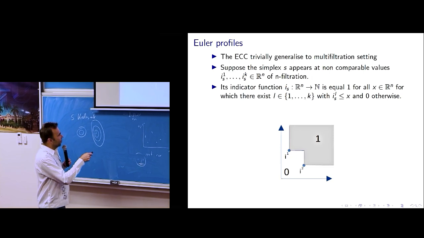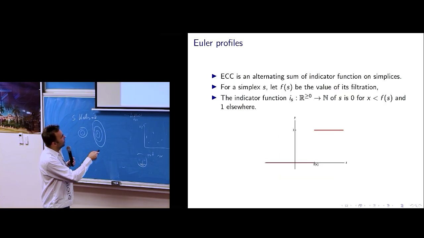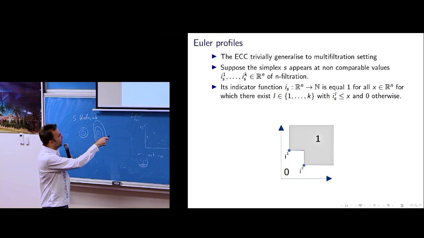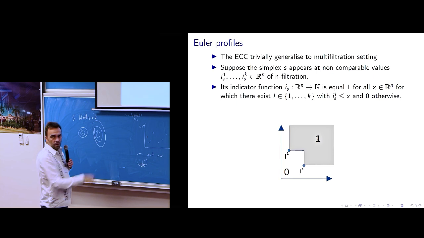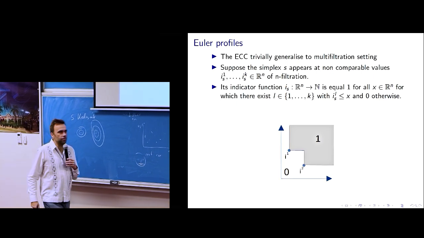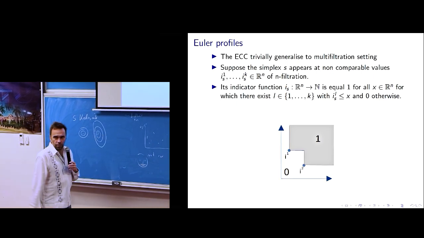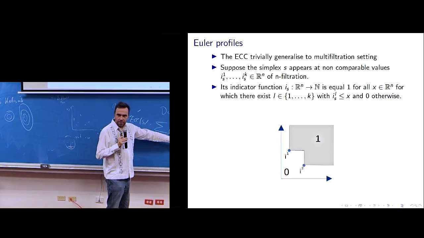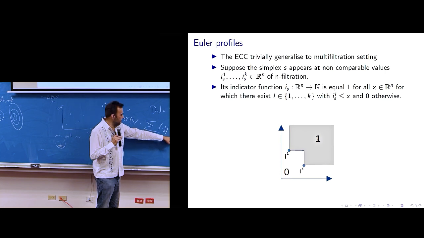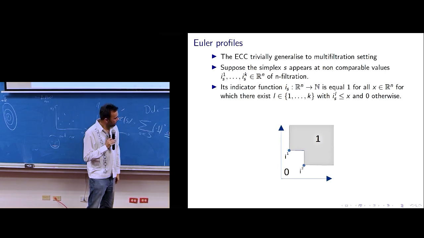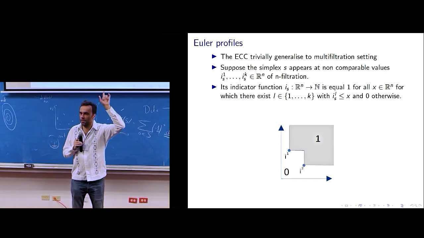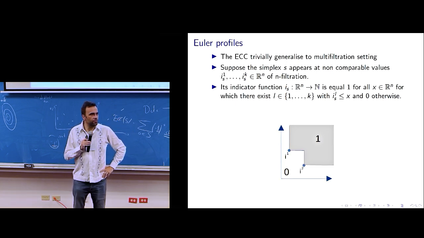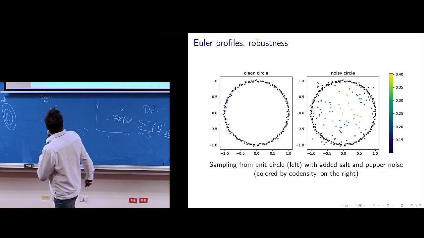Then the analog of the step function that we had over here is a function which is equal to 1 for every point which is greater than at least one of those, and 0 otherwise. And then you just take this formula and substitute this characteristic function for the one-dimensional filtration, for as many filtration parameters as you wish. And I call it the Euler characteristic profile.